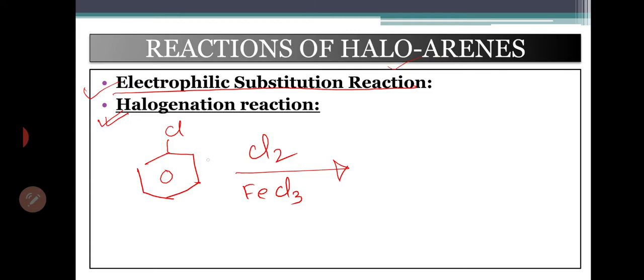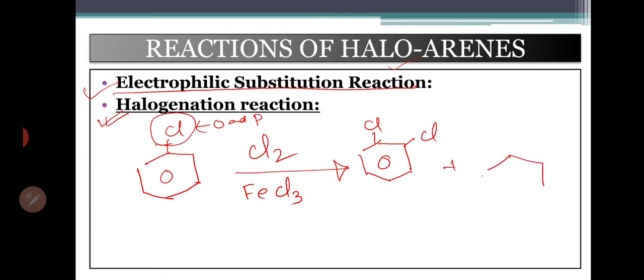At what position your electrophile will add is decided by the group which is already there in the benzene ring. What is there in the benzene ring? Chlorine, and this is an ortho and para directing group. So you will get the para isomer and the ortho isomer. This is the product which we are going to get.